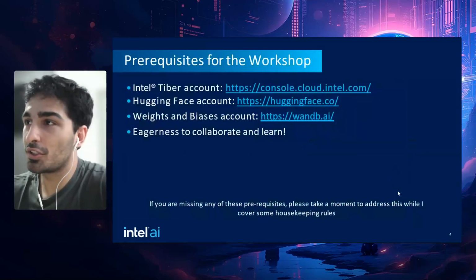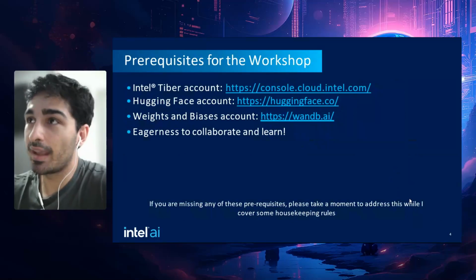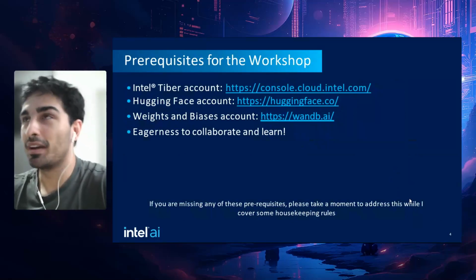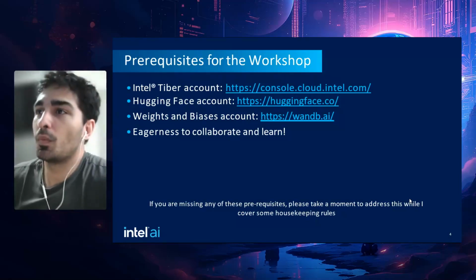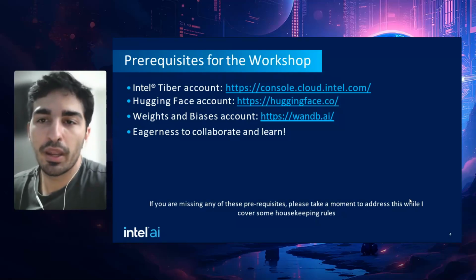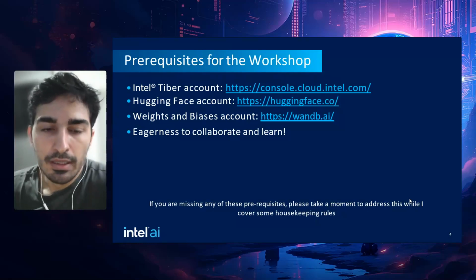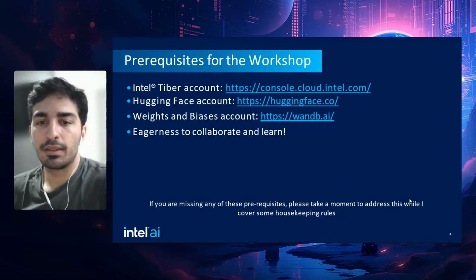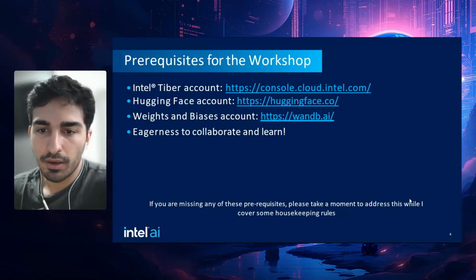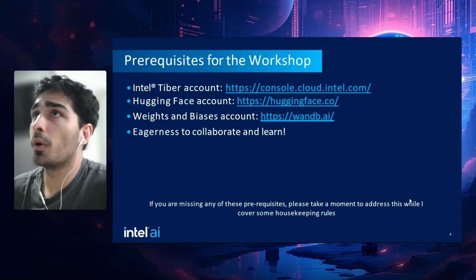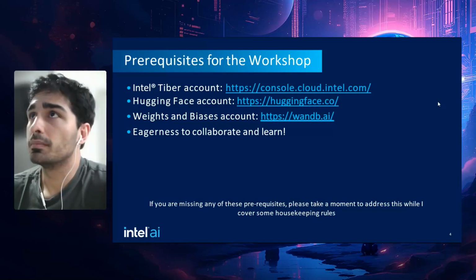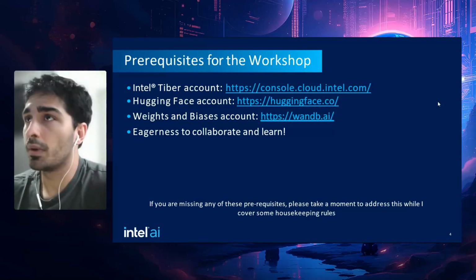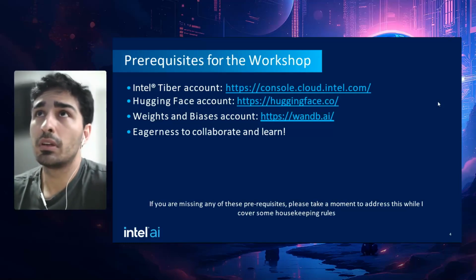First thing that I wanted to ask you guys is about the three prerequisites that we have for this workshop. The first one is to have an Intel Tiber account. I have all the links here, so you can just write them down in a browser.